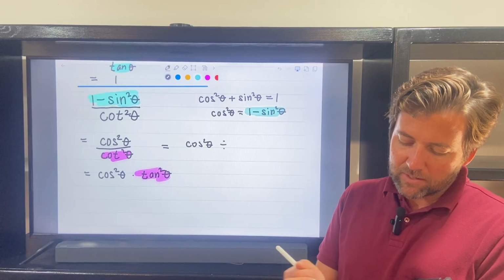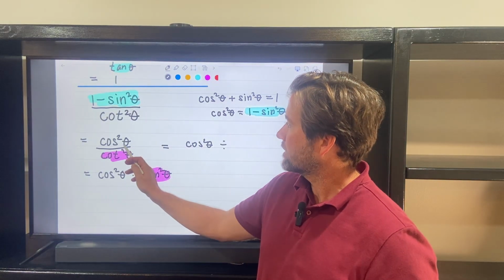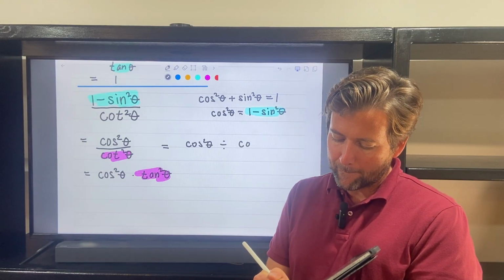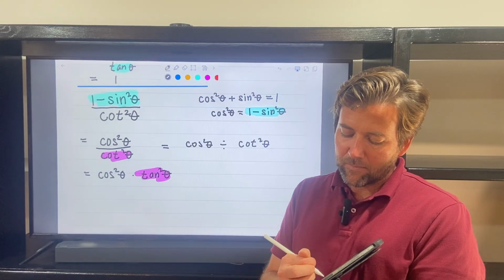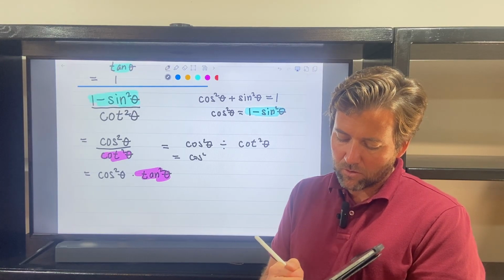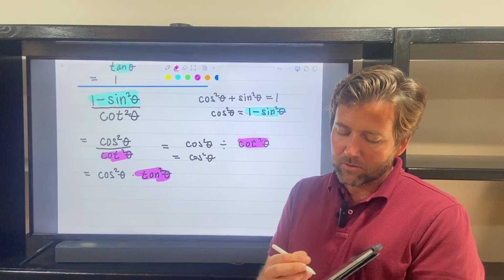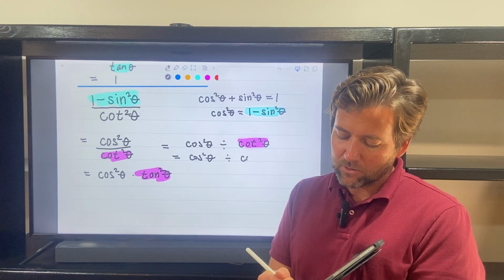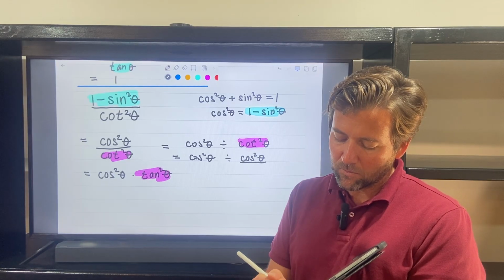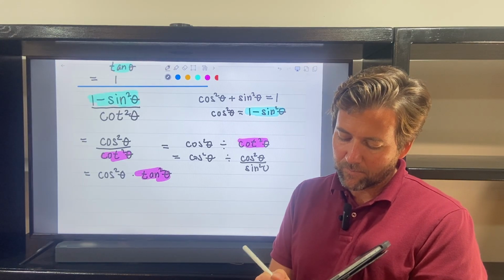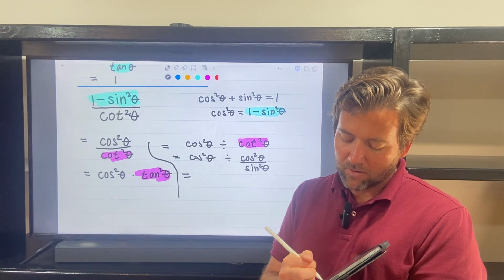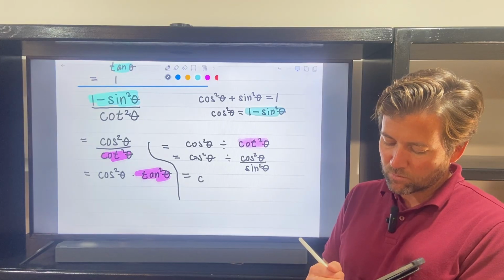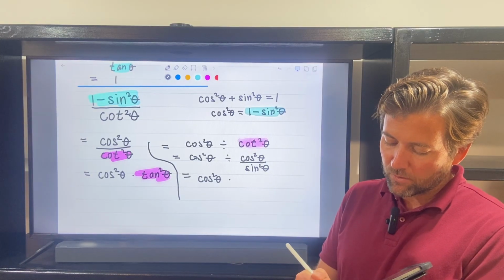Another way I could convince you of this is, I'll write this as divided by. So I have cosine squared theta here divided by cotangent squared theta. And then I can rewrite cotangent squared theta as cosine squared theta over sine squared theta. And when you're dividing by a fraction, it's the same thing as multiplying by the reciprocal.